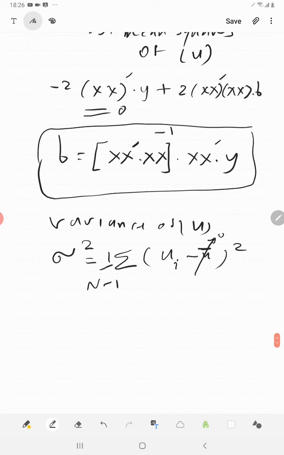If you divide by n minus 1, it will give you the variance. This is the estimated variance of the error.